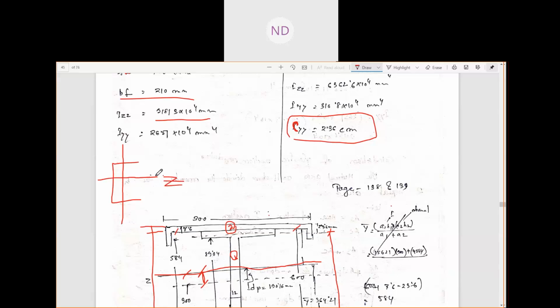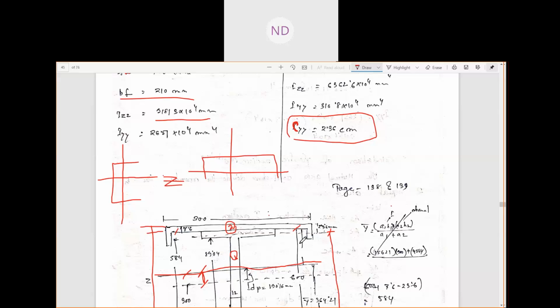Now when you turn this channel section in this way, its y-axis is here and its z-axis is here. So what will happen now? That's why we are considering the IYY, because we are considering the Z-axis. So Z-axis is now this one.